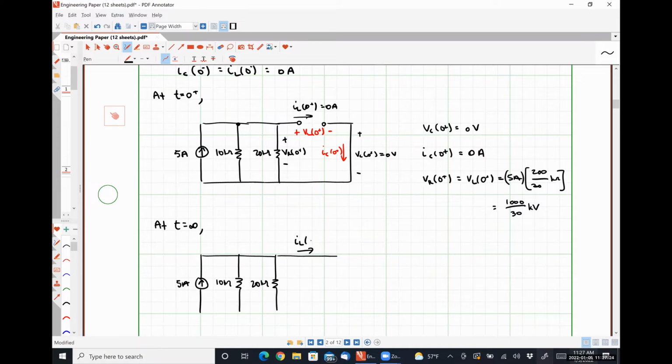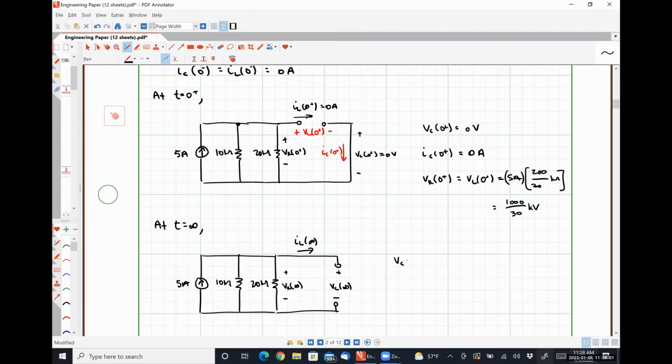This is our current IL at infinity. Our capacitor will also be its DC steady state equivalent, which will be an open circuit. So here's our capacitor voltage VC at infinity, and here's VR at infinity.